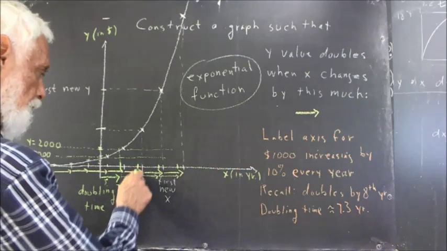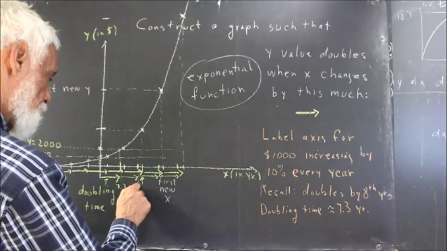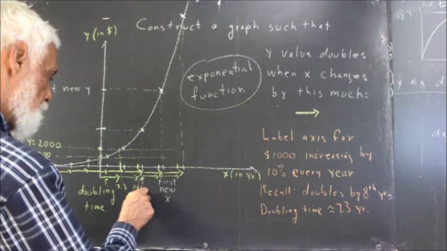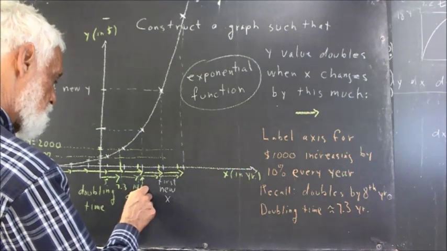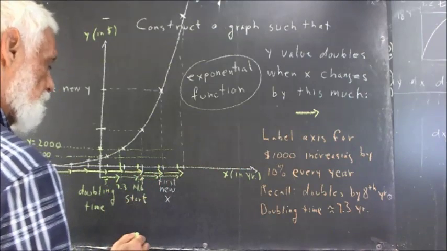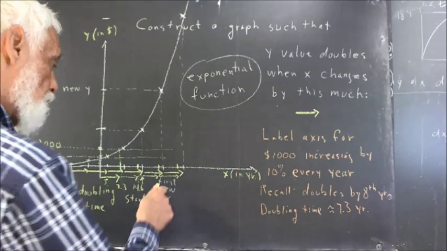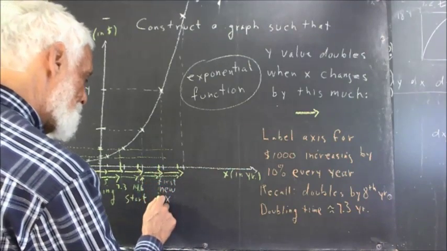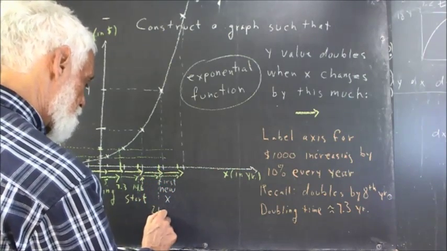And then this would be two doubling times. If you double 7.3, you get 14.6. And if we add another 7.3 years onto 14.6, we get 21.9. So I'm going to have to put that kind of down here.